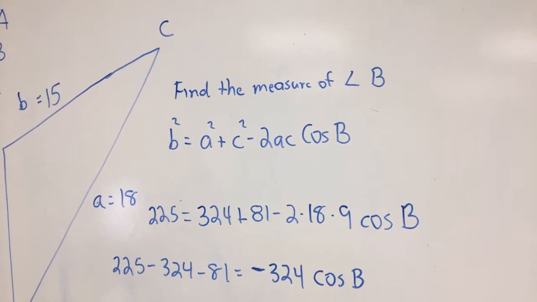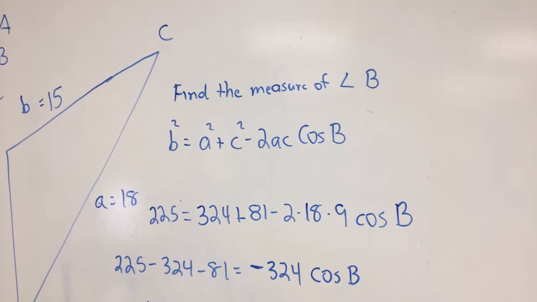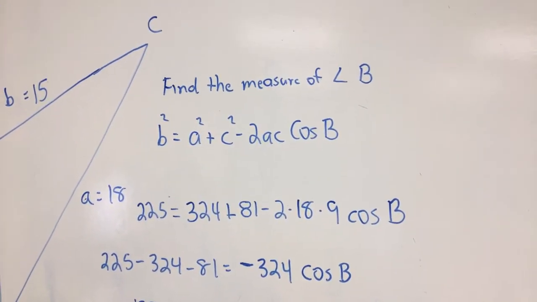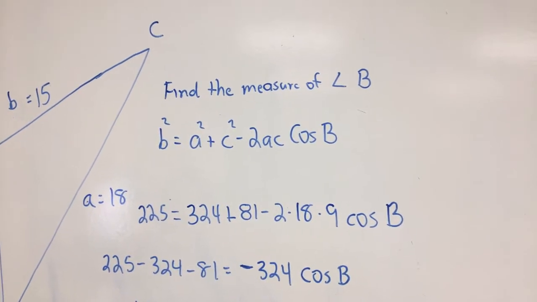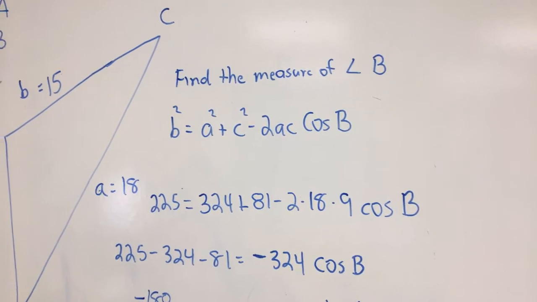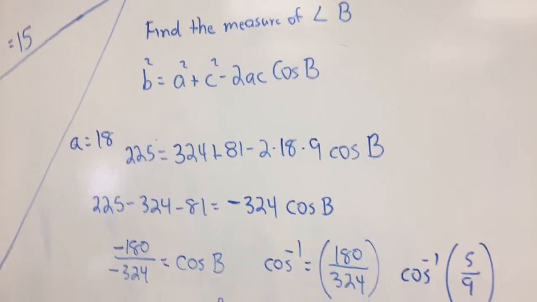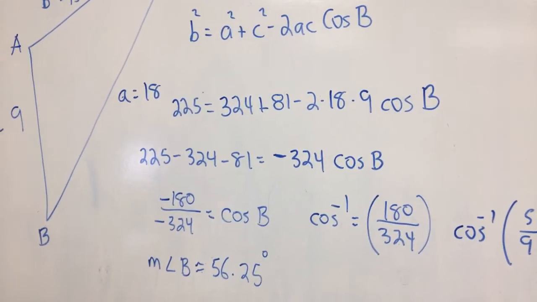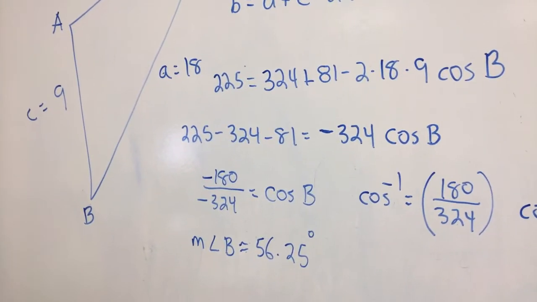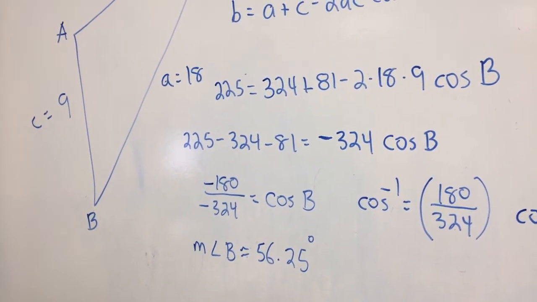Basically, if you don't know the measure of the angle, you're going to solve that thing for cosine B, and you're going to use your inverse cosine to actually find the measure of the angle. You get a ratio, and then you use the inverse to find the angle. If you plug all these values in, you will find that cosine B is equal to negative 180 over negative 324.